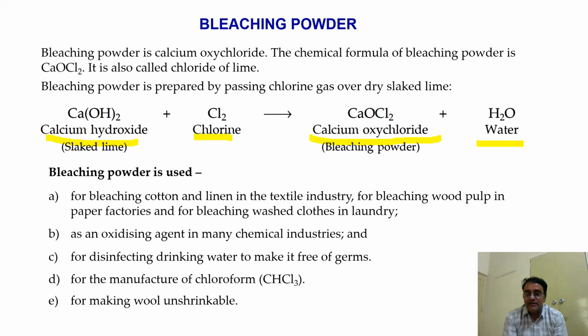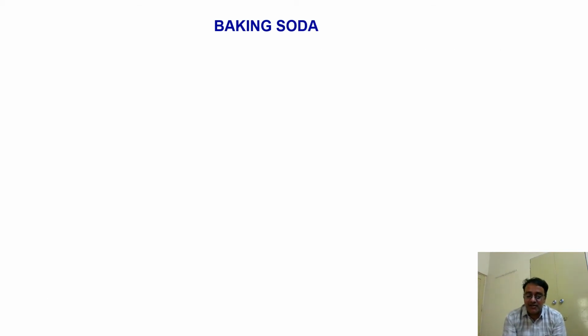Now we are moving towards the next topic, that is baking soda. Okay, so what is baking soda? I told you about baking soda earlier, when we were studying the names of different chemicals: sodium hydrogen carbonate. Okay, the chemical name of baking soda is sodium hydrogen carbonate, and the formula of baking soda is NaHCO3.